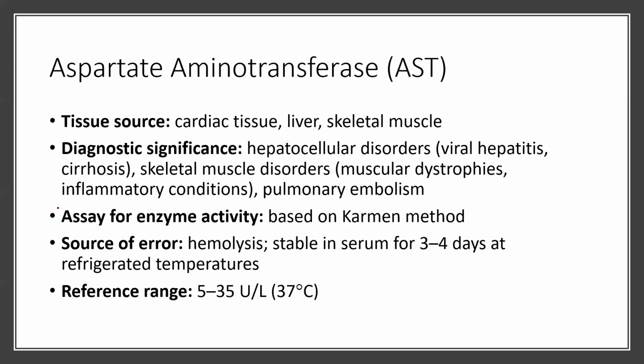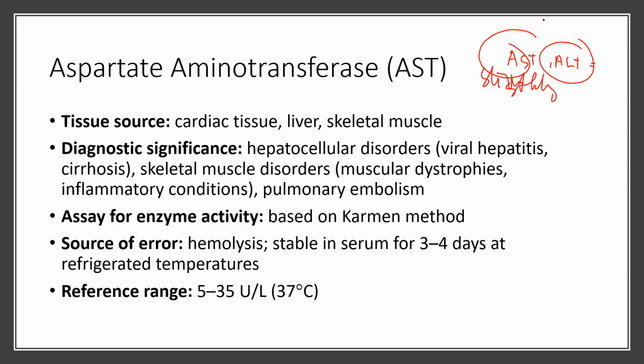Okay? Next in line is our aspartate aminotransferase, found in cardiac tissue, skeletal muscle, and liver. Remember this: when our AST and ALT are only slightly elevated, what is usually the diagnosis? If you said fatty liver, that is correct.